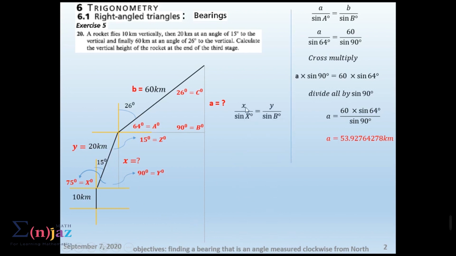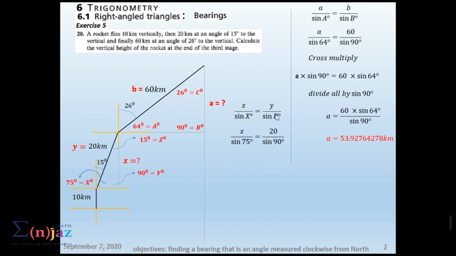So x small, side x, over sine angle x capital is equal to side y over sine of y, sorry, can you correct this one? Sine y capital. Let's substitute here. So y, as we can see, is 90 degrees.